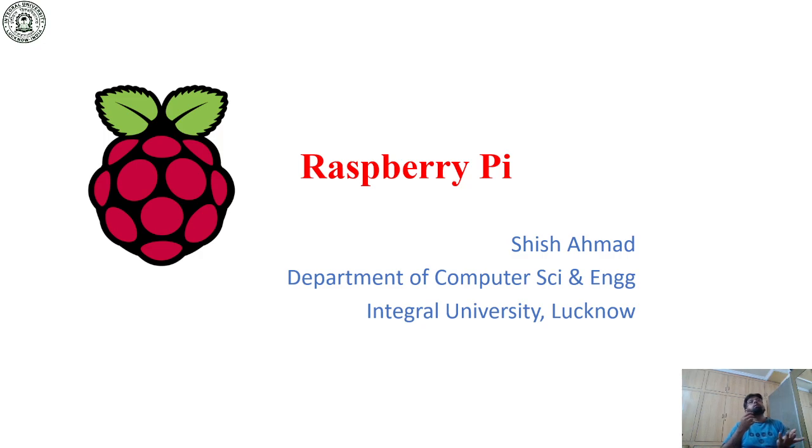Okay, and if you talk about the comparison between the Arduino and Raspberry Pi, Arduino has low processing and low memory as compared to the Raspberry Pi. Raspberry Pi has a 64-bit processor. Okay, so that's why it is much more advanced as compared to the Arduino.